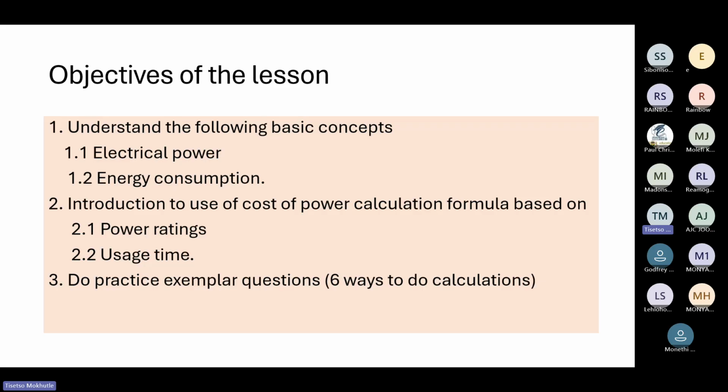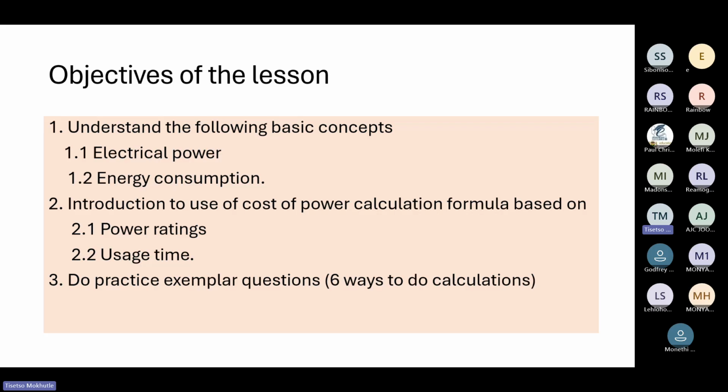In this lesson, we'll try to understand the following concepts: electrical power and energy consumption. Then I will introduce you to the cost of power calculation formula based on power ratings and usage time.